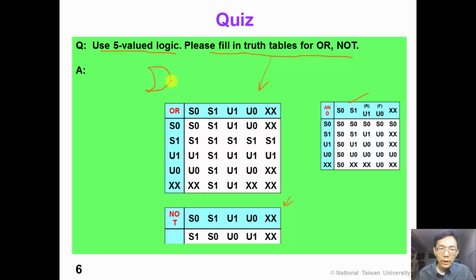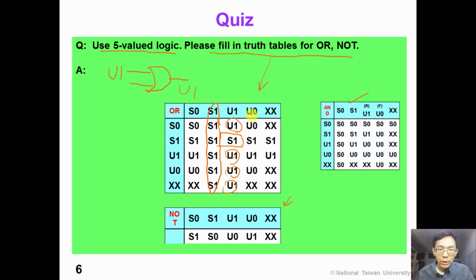For 2-input OR gate, 1 is a controlling value. If one input is static 1, then all the output will be static 1. If one input is U1, then the output would be U1, except that the side input is S1.